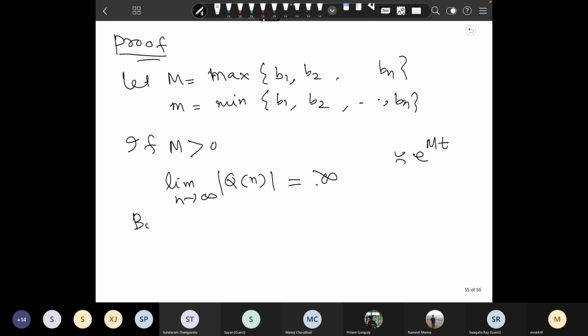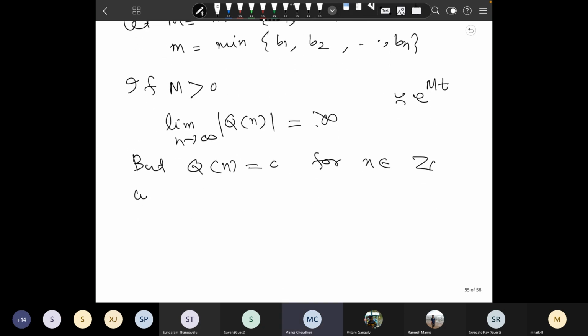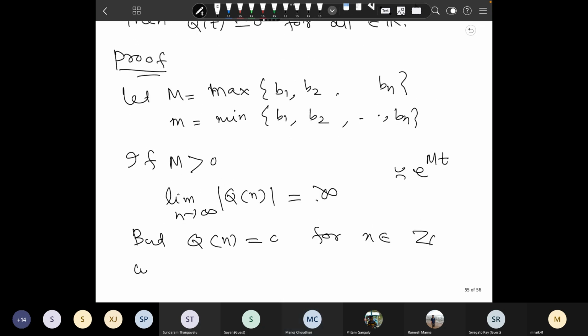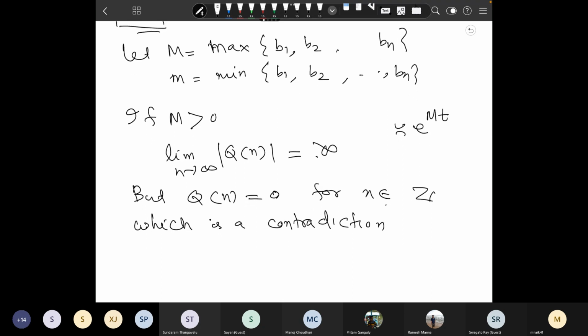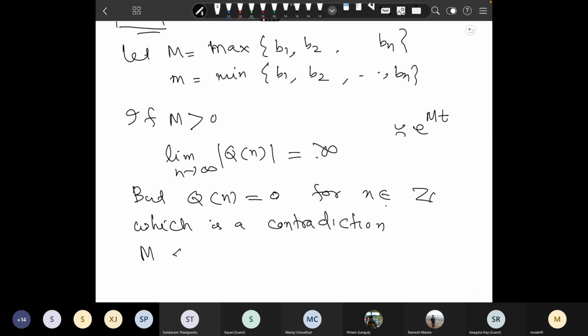But we know that Q(n) is equal to 0 for n belongs to Z. This is the hypothesis, which is a contradiction. So that will imply M is strictly less than 0... no, M is less than or equal to 0.